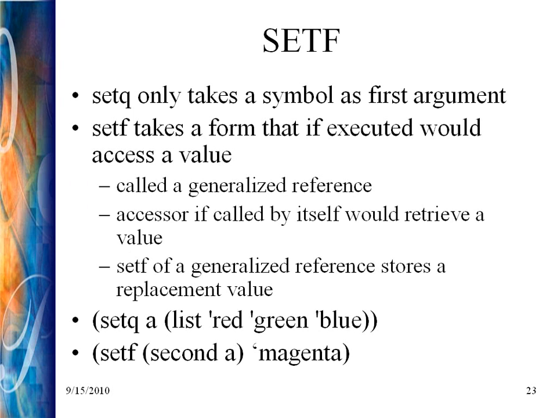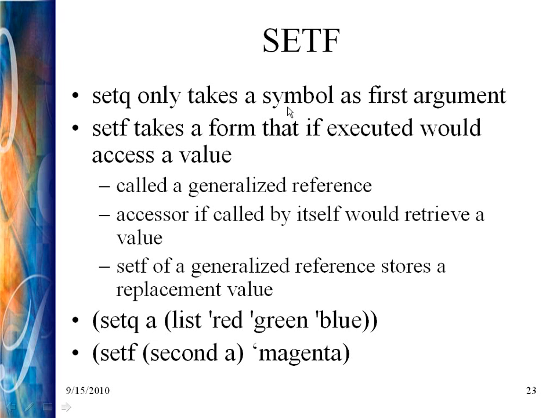Now, here's the setf function, macro actually, which I've already used. You're already familiar with setq, but setq takes a symbol as its first argument. The symbol is naming a variable, and it sets the value of the variable. Setf takes any form that, if executed, would access a value.